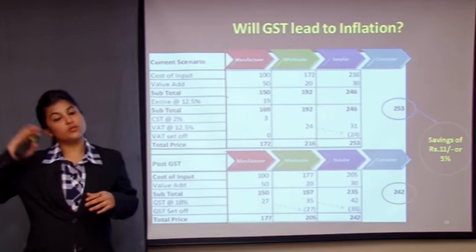GST rates proposed are as follows. As we know, it has already been levied from 1st July 2017, and the slab rates are given by the government. Most GST products are likely to fall under the slab of 18%.